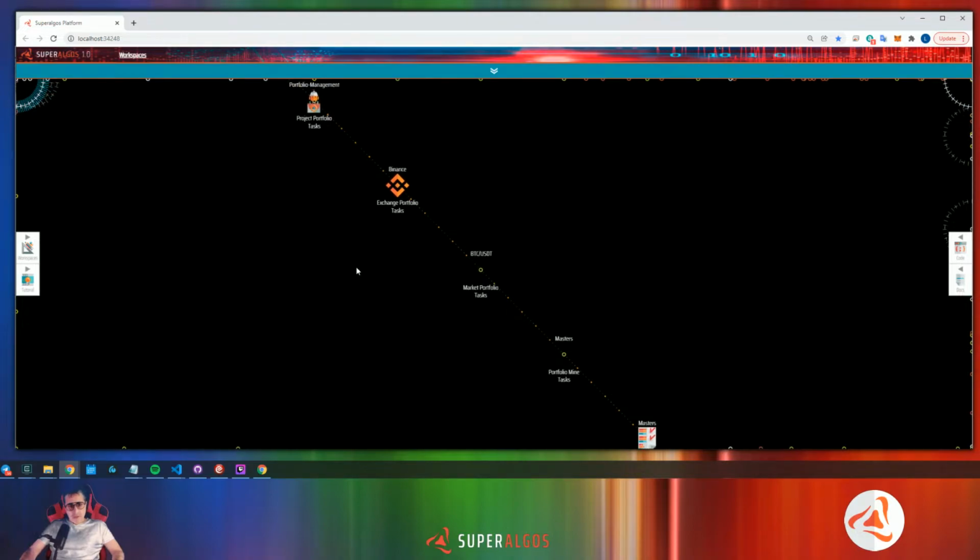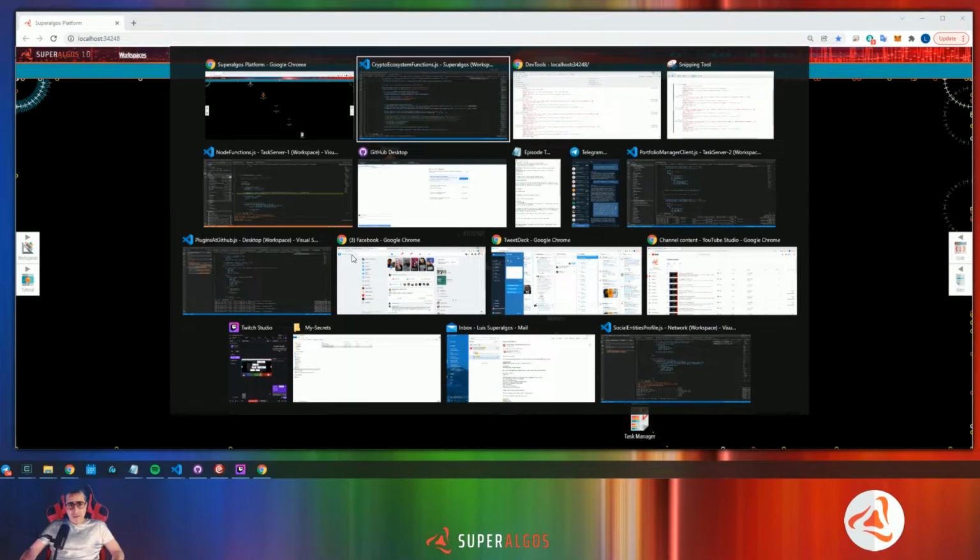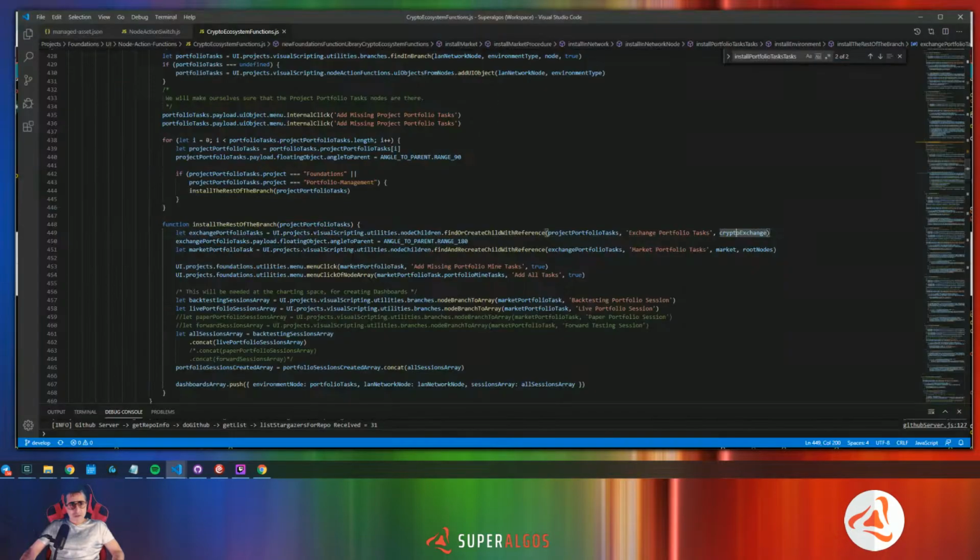So exchange portfolio task. My question now is, is that a node from foundations?